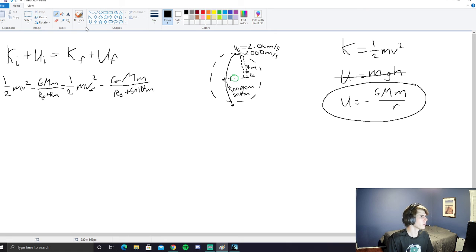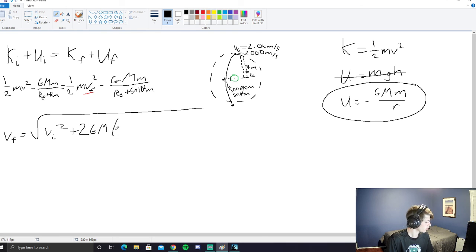So now all we need to do is solve the equation for vf, which I've done before, and I will write that out for you. It's vf squared equals vi squared plus 2GM times minus 1 over RE plus RM plus 1 over RE plus 5 times 10 to the 6th.